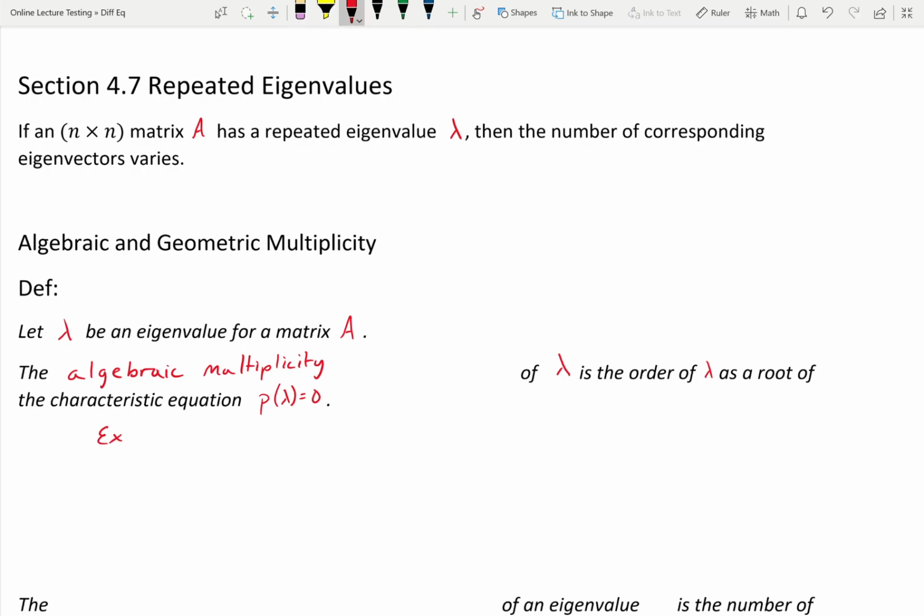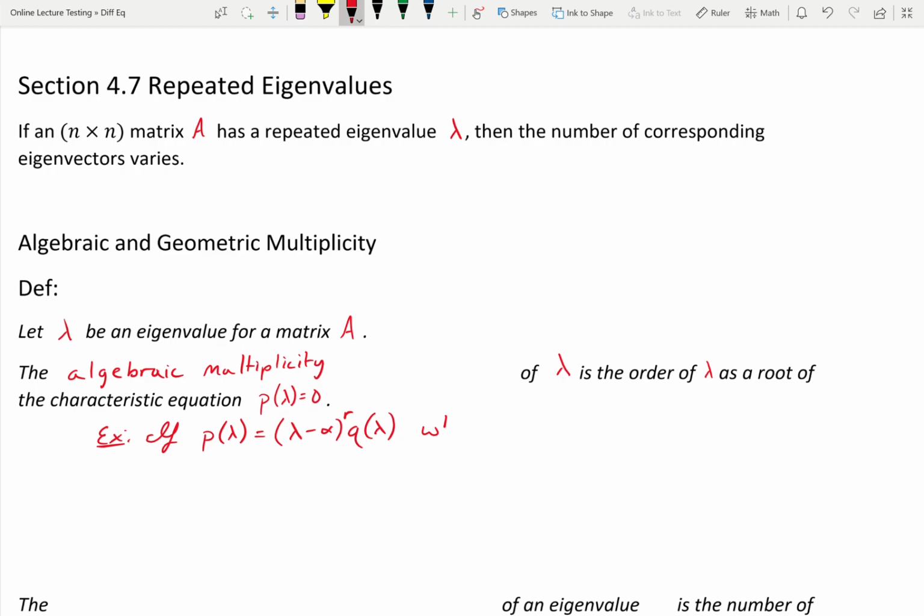An example of this is if we say that P of lambda is equal to lambda minus alpha, where alpha is one of the zeros, repeated r times, times a slightly new piece, this q.